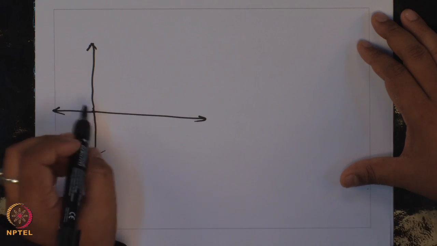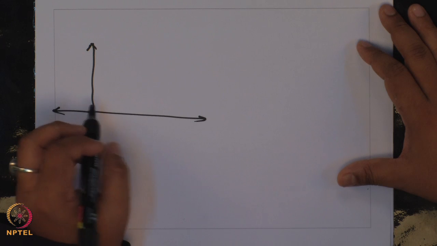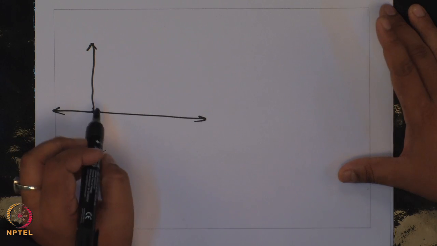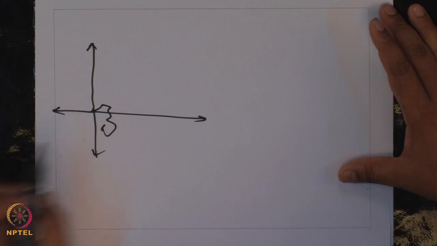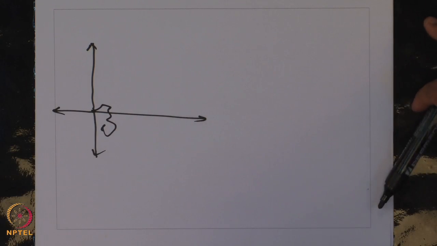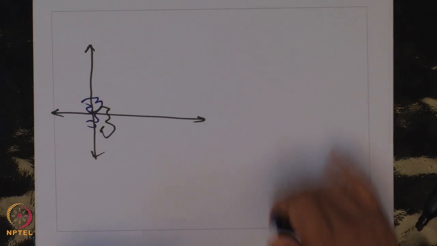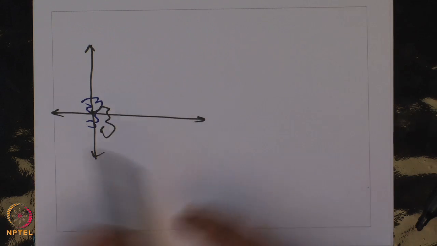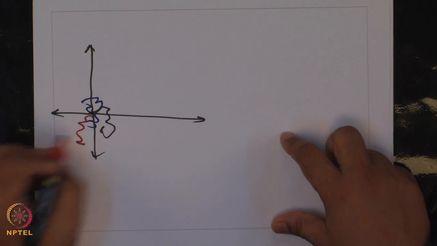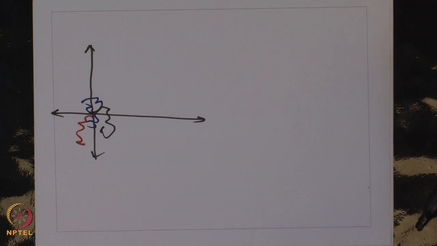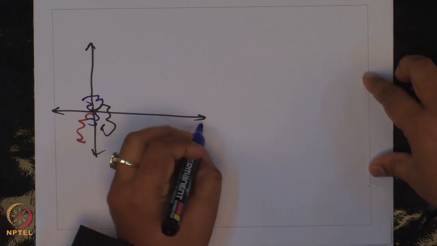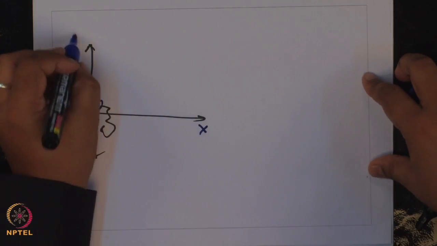If I were to draw the trajectories of individual cells which are migrating randomly, this might be one particular trajectory, this might be one particular trajectory, this might be one particular trajectory. So, this is x, this is y.